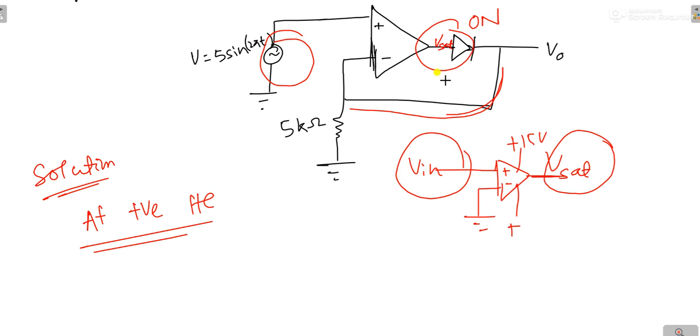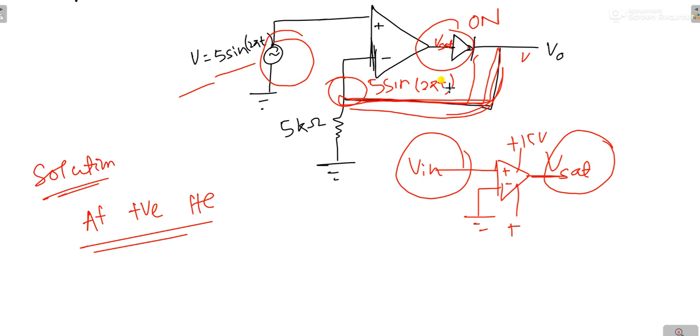If the diode is on, then the feedback circuit is established. This is the concept. At once the diode is on, it will take the V0 potential. So from the concept of virtual ground, the voltage across this is equal to 5 sine 2 pi t.